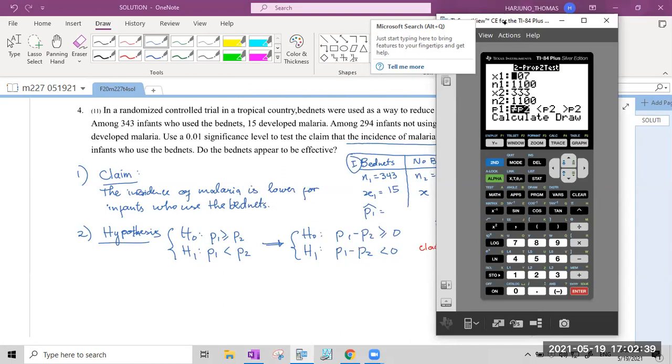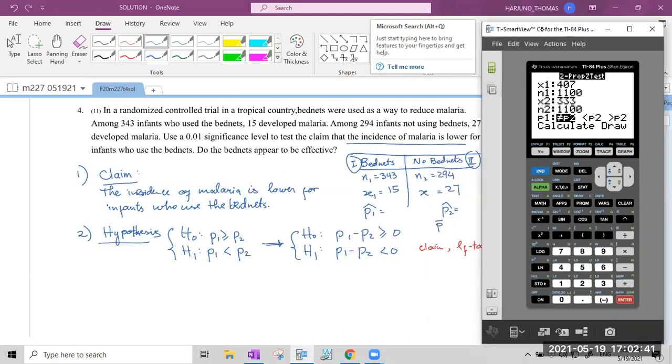Okay, x1 is 15 and n1 is 343. x2 is 27, n2 is 294. And we want to show that P1 is less than P2.